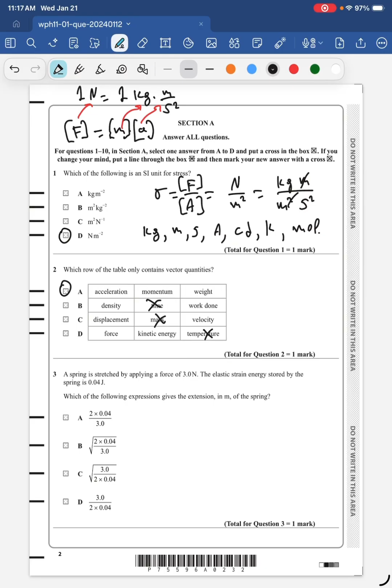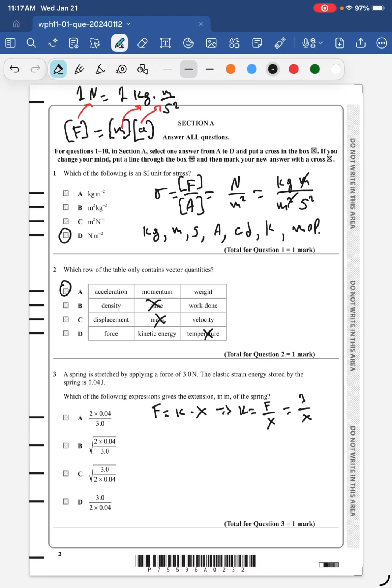Okay, so force is k times x, right? So k, the spring constant, which is not given, is force per displacement, right? Is that correct? Yes. So 3 over x, because it's 3 newtons, right?